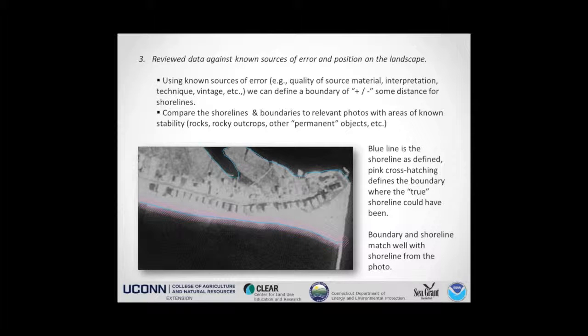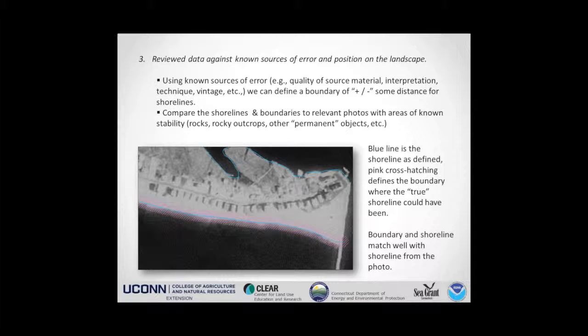It's usually defined by vintage or time frame, also by source material. It includes things like errors associated with the surveyors in the field as they were collecting, errors associated with taking these hard copy original maps and converting them into a digital format, and everything in between. So we have some values that we can assign to a plus or minus distance for these shorelines. And we've done that.